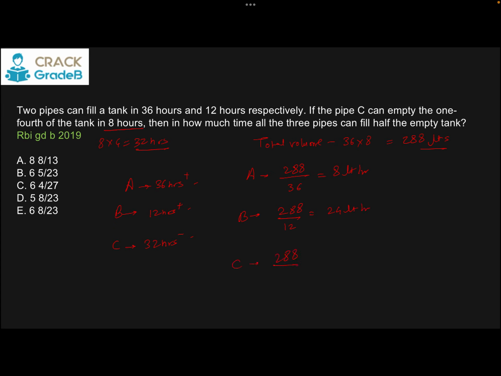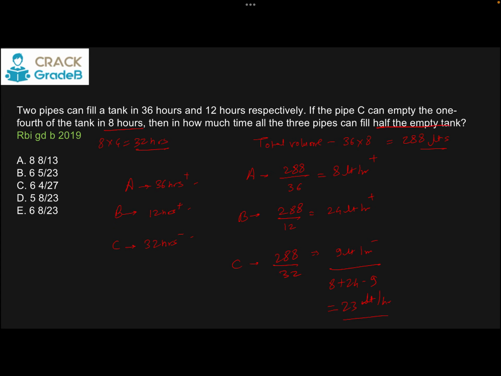And C empties 288 in 32, so its rate is going to be 9 liters per hour. A fills, B also fills, but C empties. So together they do 8 plus 24 minus 9, that is 23, or they fill 23 liters per hour.